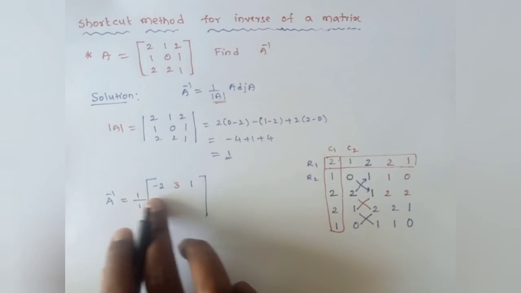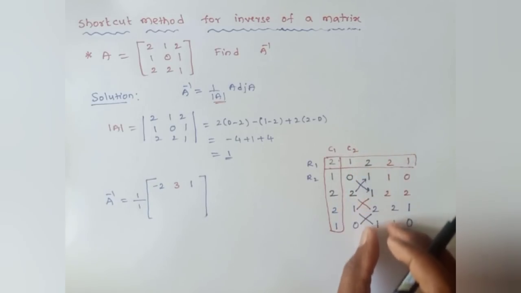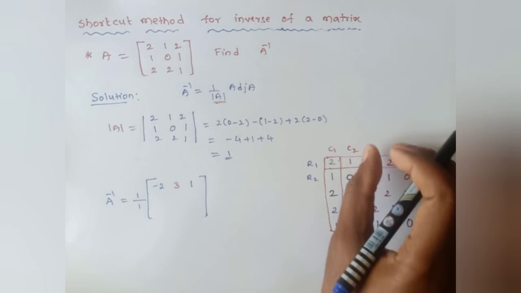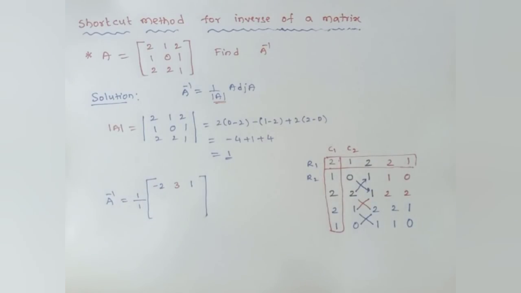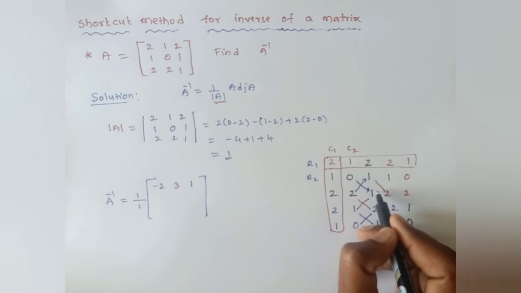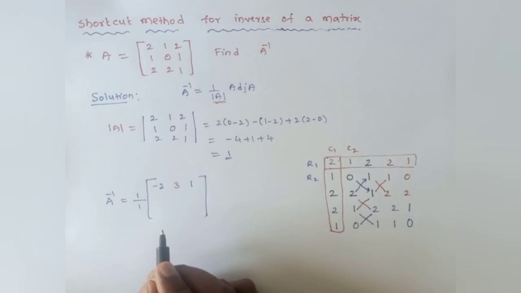Now to get the second row elements, here you use this column wise. Find the column values, then write it as row wise. Now 1 into 2 minus 1 into 1, 2 minus 1, that is 1.